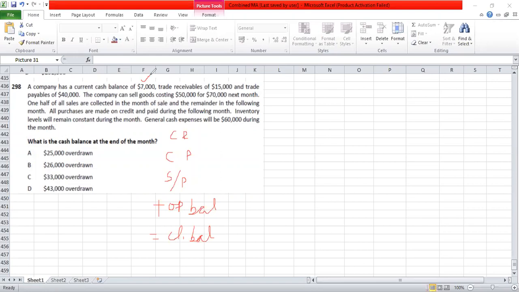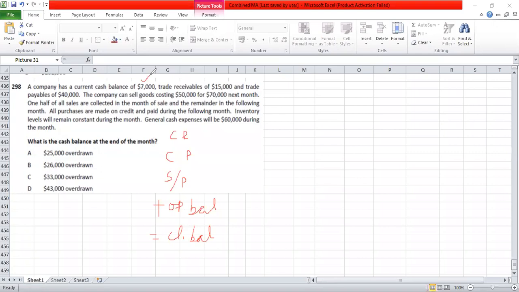The company can sell goods costing 50,000 and 70,000 next month. The cost of it is 50,000, but the sale happened at 70,000. Of this 70,000, one half of the sales are collected in the same month. The other half is collected in the next month.